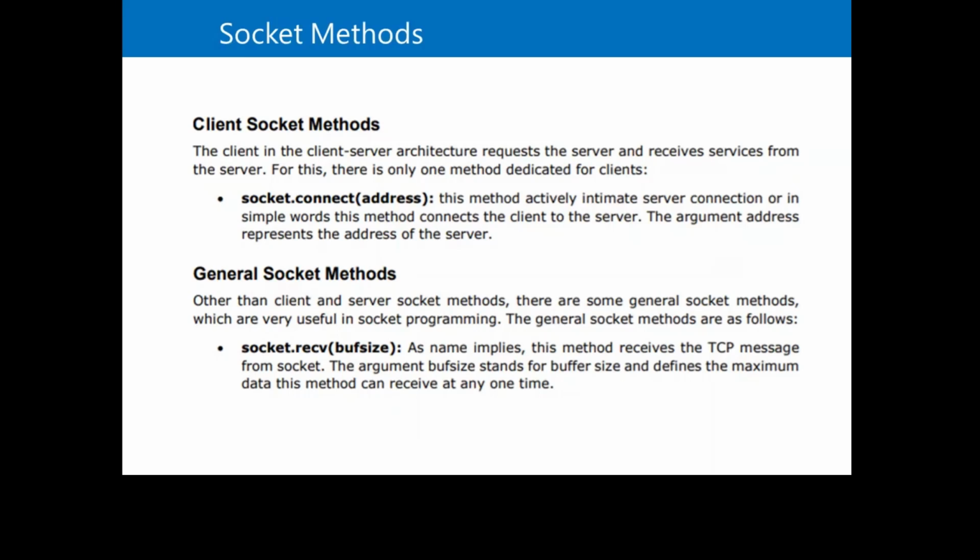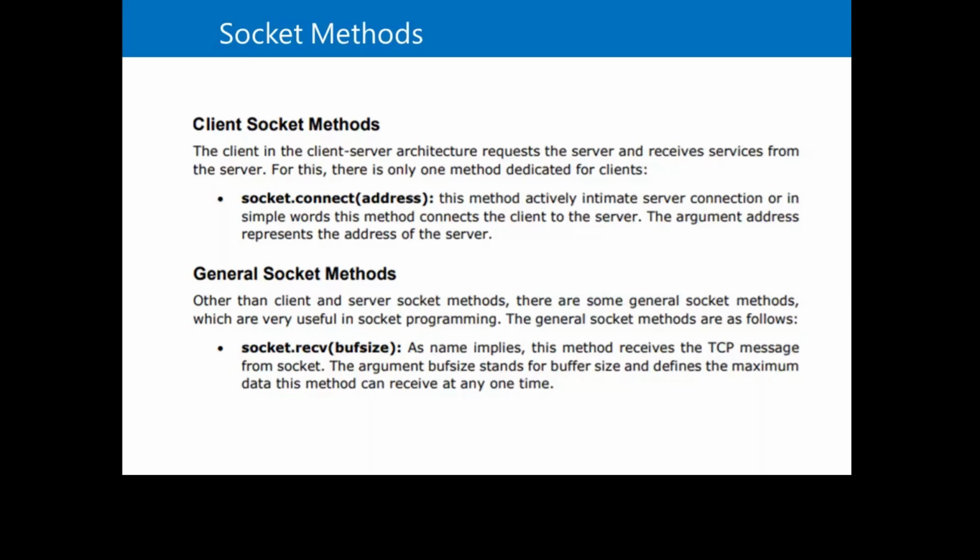So let's talk about the general socket methods. Other than client and server socket methods, there are some general socket methods which are very useful in socket programming. The first one is socket.recv, where you indicate the buffer size. As the name implies, this method receives the TCP message from the socket.